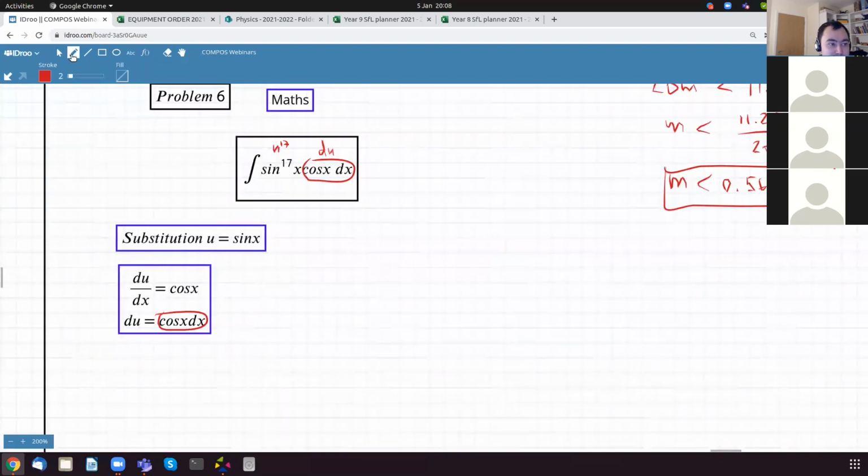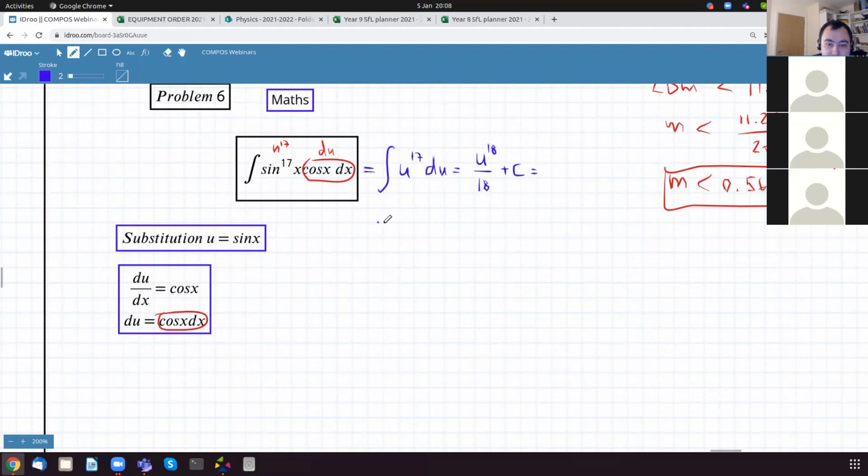So after substitution, this becomes the integral of u to the power 17 du, which is easy to find, which is u to the power 18 divided by 18 plus c.